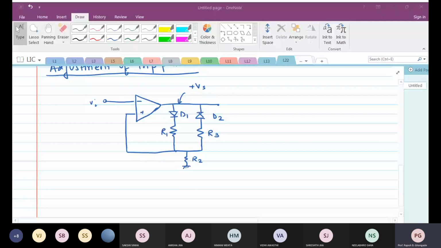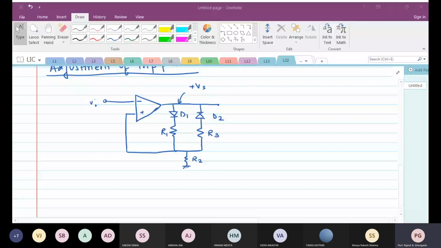All right. So as I was saying, when this is plus VSAT, only then will this diode be on, forward biased, and this portion R1 and R2 will come into the picture. This R3 will be out of the picture because D2 will be reverse biased.